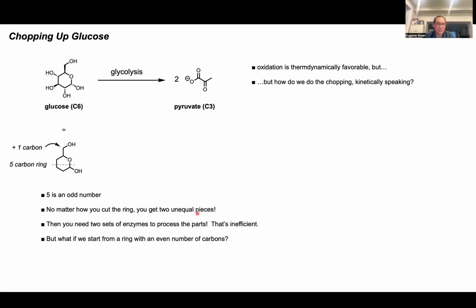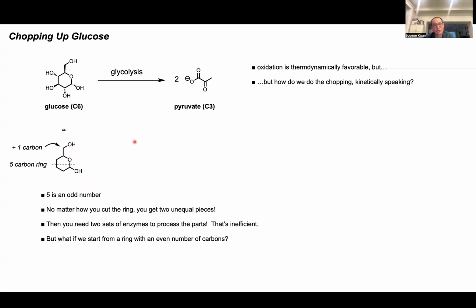Okay, so the question then is, how do we chop up glucose? Right, what is the kinetic pathway to release the thermodynamic energy in glucose? So if we dramatically simplify the structure of glucose, just forget all the stereochemistry and all these hydroxyl groups, if you just think about glucose fundamentally, it's a five carbon ring with one carbon outside the ring.